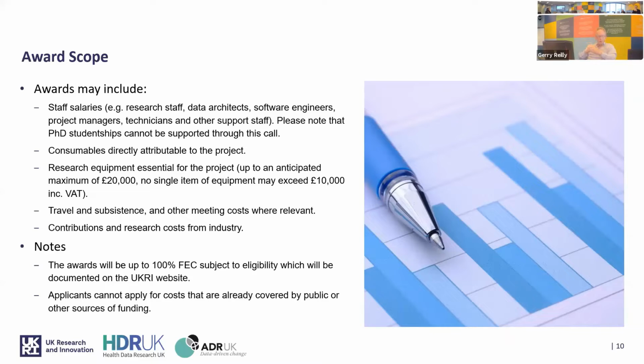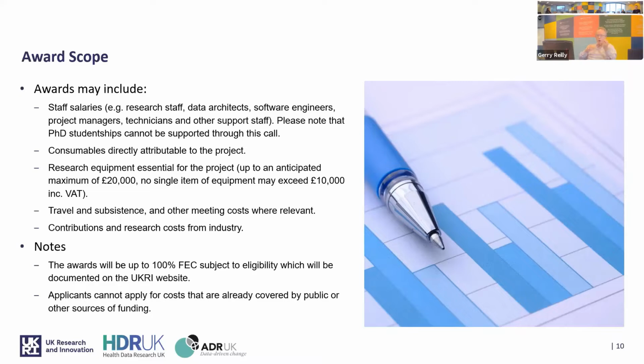So you can be looking at your staffing resources, consumables that are attributed, some level of research equipment, but that will be limited. And also funding into the contributions and research costs from industry, providing those fit within the rules applicable to SMEs and larger industry.